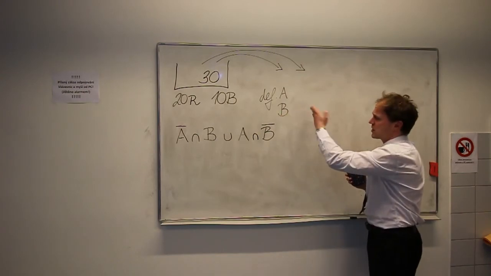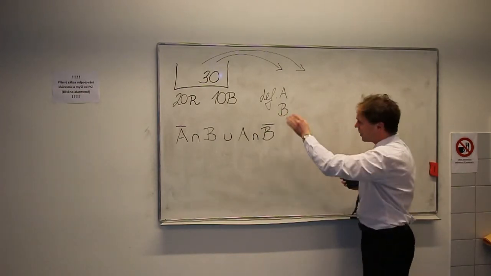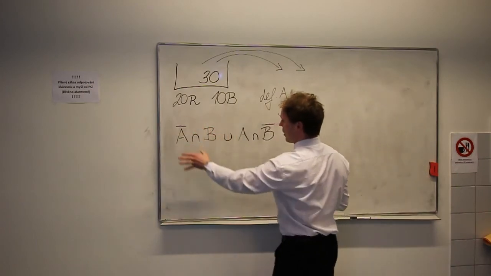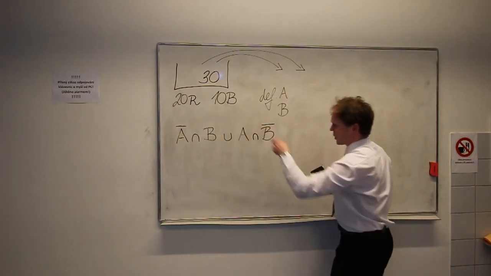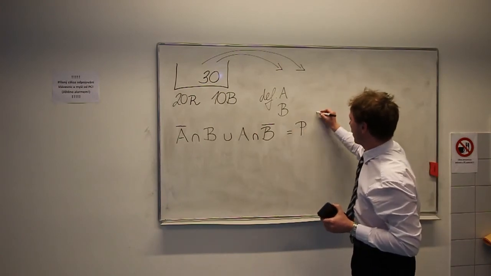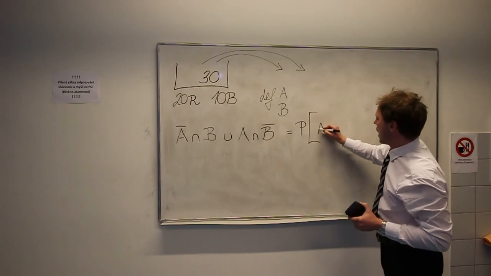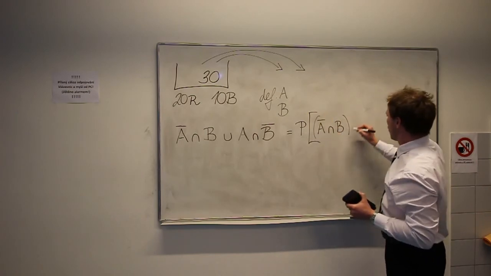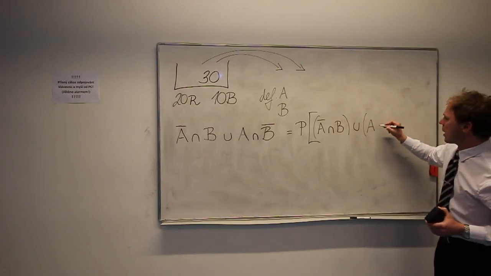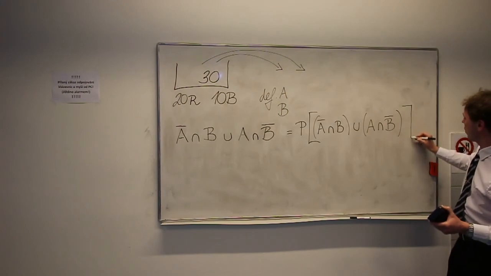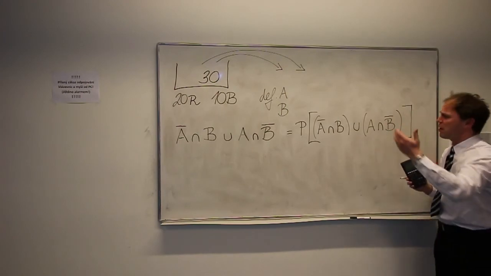B is that the second card will be blue, and B none, the second card will be red. So either this combination or this combination. This can be written as the probability of either A none and B, or A and B none. Yes, we have already seen this formula before.